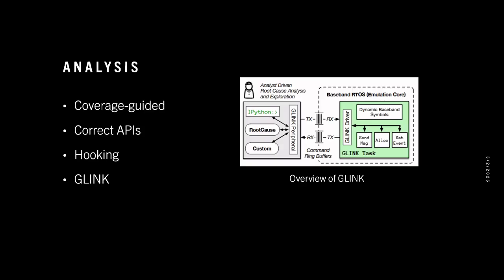So the image here shows the overview of G-Link, which is how FirmWire allows for host to guest and guest to host communication by injecting in a guest link module. This allows the host to inject arbitrary messages and other events into the baseband from scripts, and allows the host to receive back from the baseband.